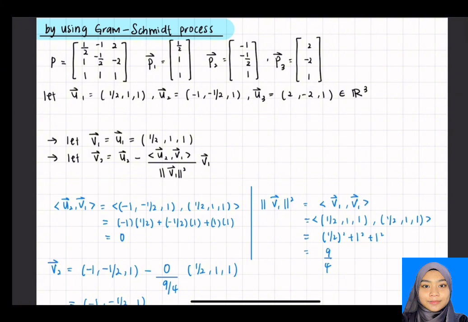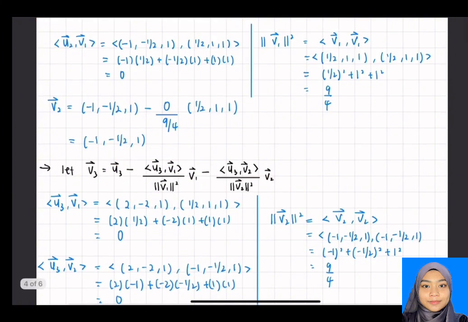Here, we let those column vectors be elements of R3. The first step is, we need to let the vector V1 equal to U1 equal to 1 over 2, 1, and 1. Then the second step is, we need to find the vector V2 by this formula. So here, we obtain vector V2 is negative 1, negative 1, 2, 1.